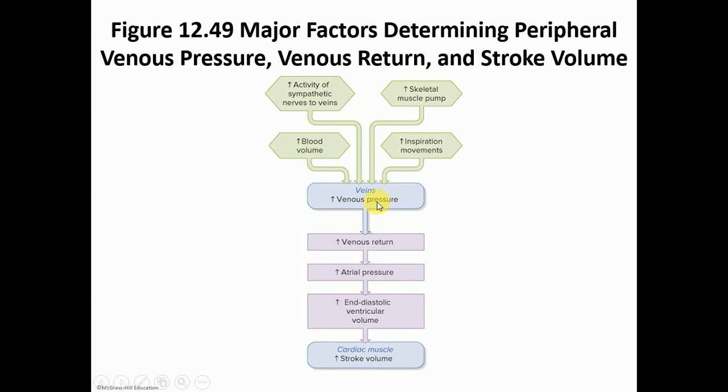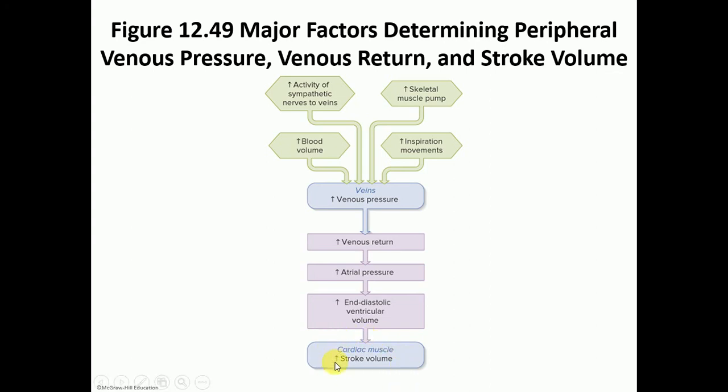When you increase pressure in the veins, that'll push all of that blood to the heart, so that increases the venous return to the heart. You've increased the pressure in the atria, and that is going to increase your end diastolic volume in the ventricles. So you've stretched the ventricular muscles, and that is going to increase the force of contraction of the ventricles.